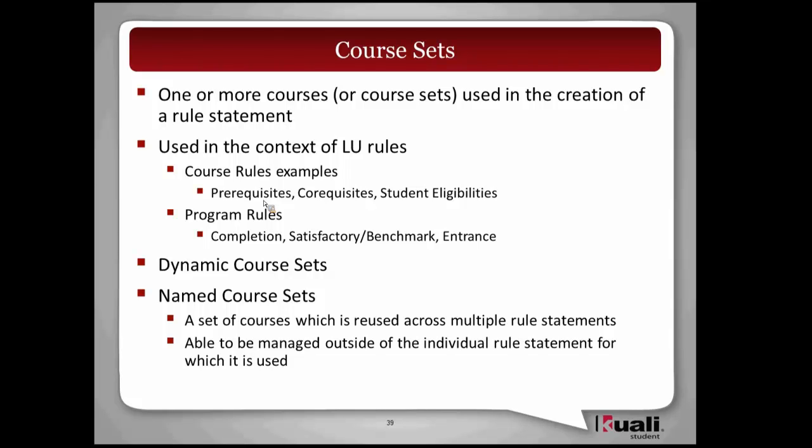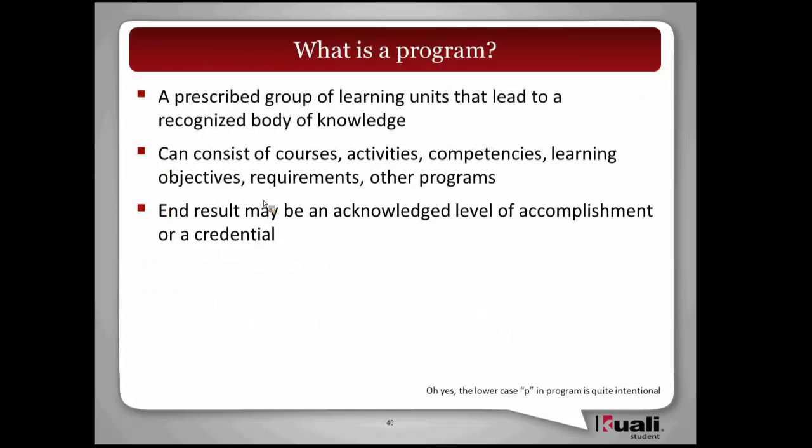With a named course set, you can build and govern that course set, and then simply attach it to any of those rules. So if I want to say you need 1 course out of the foundational engineering series, I can do that without finding each of those 5 or 6 courses and attaching them in individually. Those become the named course sets. So just tuck that away for when you're playing with curriculum management.